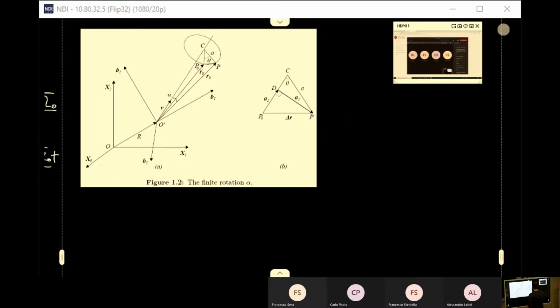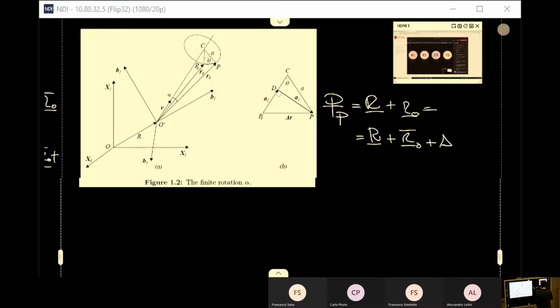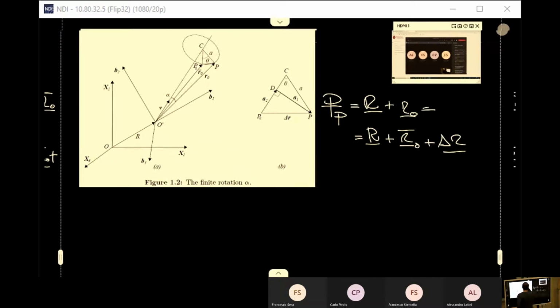We were saying that the position of the point P, capital P, is equal to R0, as we were saying here on the left, and this we wanted to rewrite as capital R, R0 overbar, plus delta R. You see? So here, first we were in P0. Now we move to P as an effect of the rotation. And this vector going from P0 to P is what we call delta R. So this is basically just a zoom view.